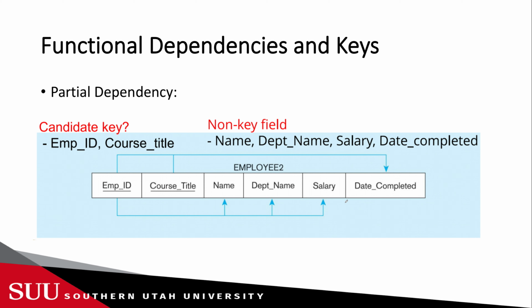And if we look closely, we can see those three depend on employee ID. So we are relying on a part of the primary key. So we have a partial dependency in this case. What about date completed? If we look at date completed, it depends on the whole key. So this is a full dependency like the example that we have seen in the previous slide.